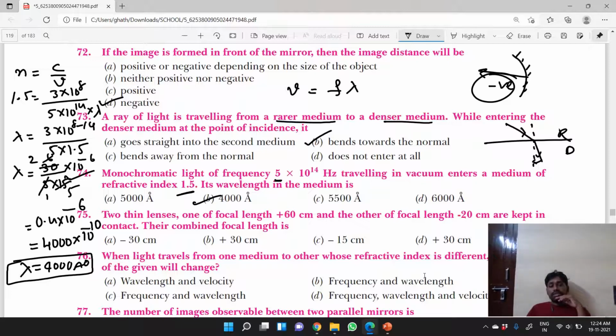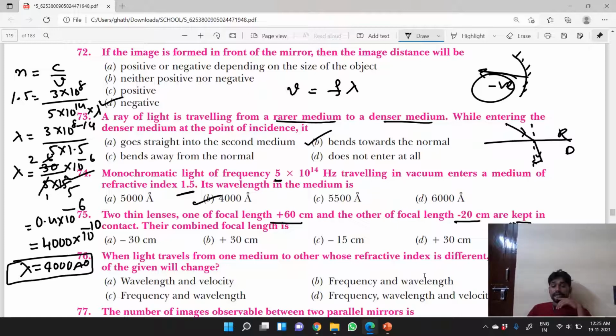Two thin lenses, one of focal length 60, other is minus 40, are in contact. Their combination focal length? 60 is a convex, 20 is a concave, kept in contact. Resultant focal length is equal to 1 by f1 plus 1 by f2.